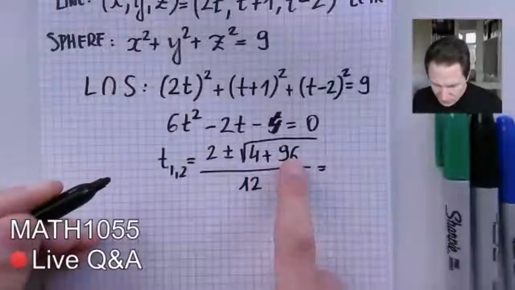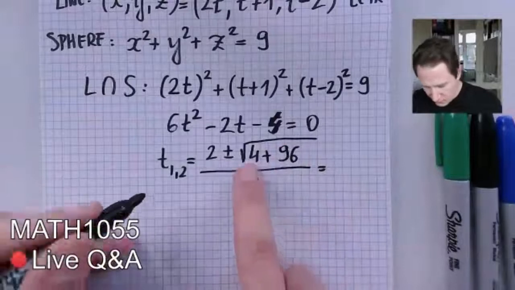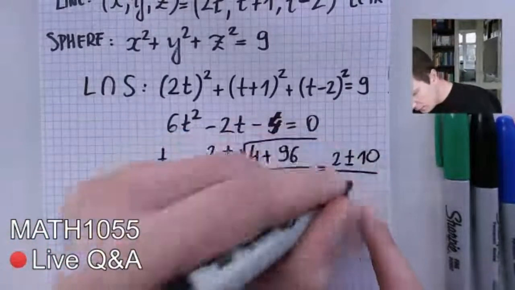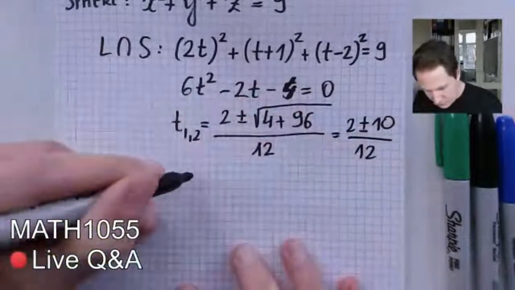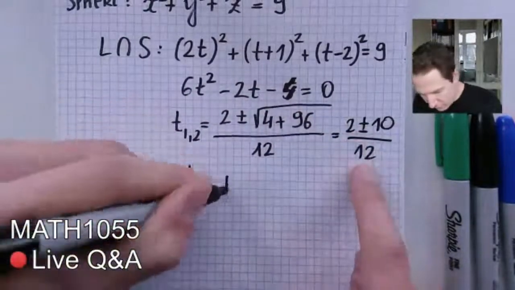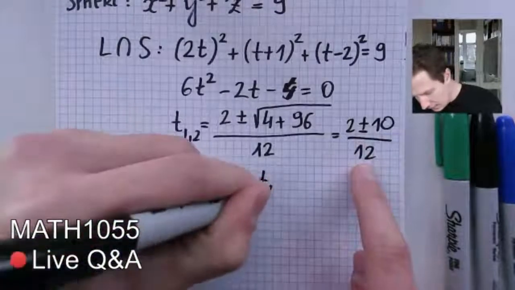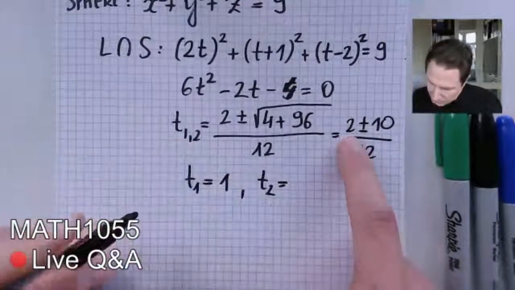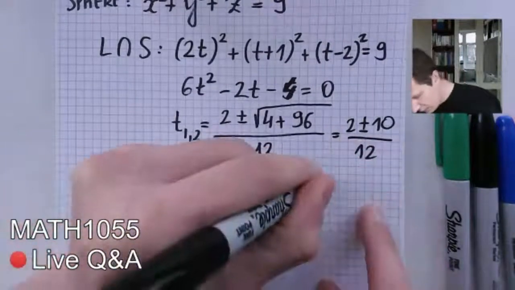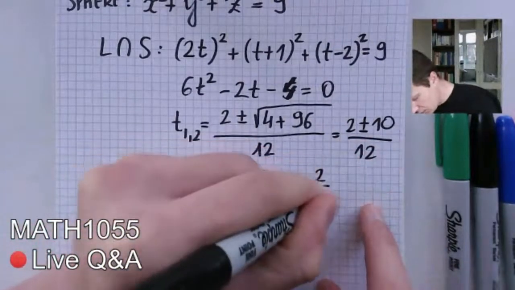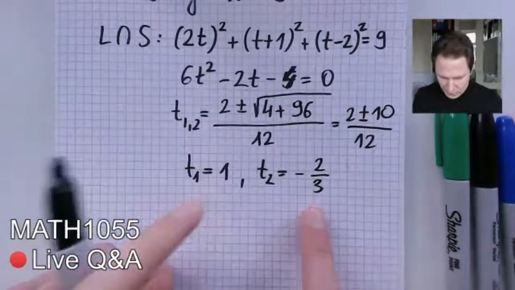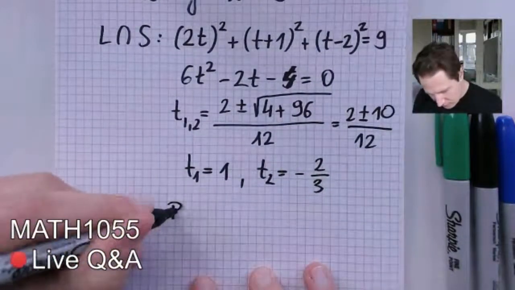Under the square root, I have 100, so the positive square root of 100 is 10. So 2 plus or minus 10 divided by 12. So indeed, I have two solutions. I have 12 over 12, so that's t1 equals 1, and t2 is minus 8 over 12, so that's minus 2/3. So I have 2 points of intersection.